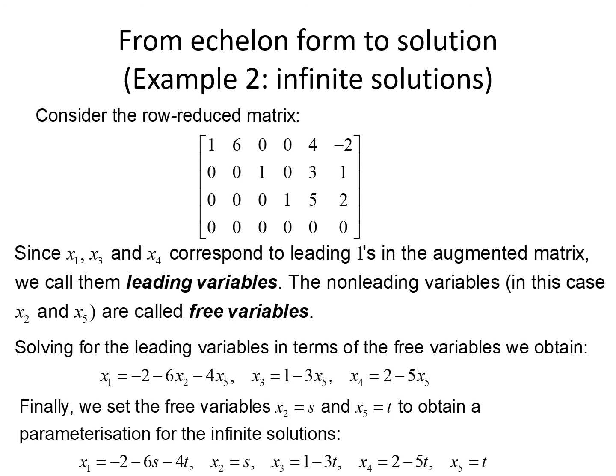The non-leading variables are called free variables, right? Solving for the leading variables in terms of the free variables, we obtain x1 equals minus 2 minus 6x2 minus 4x5. From the second equation, x3 equals 1 minus 3x5, and x4 equals 2 minus 5x5.